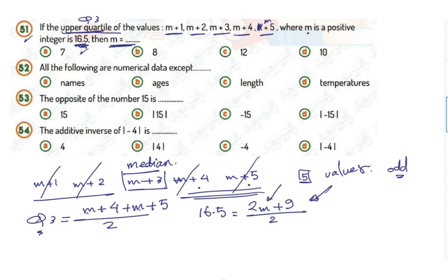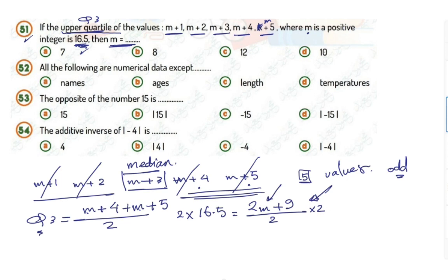I can solve this equation by putting m alone on one side, right or left. Now we have some division here, so I must multiply by 2 on both sides.